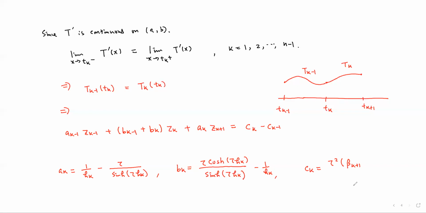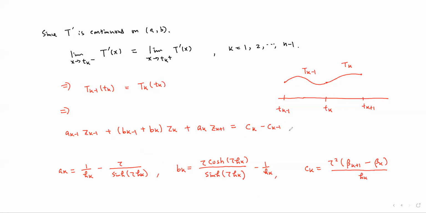Beta, the points on the xy plane, are given to us. Minus beta k, then over hk. Okay.